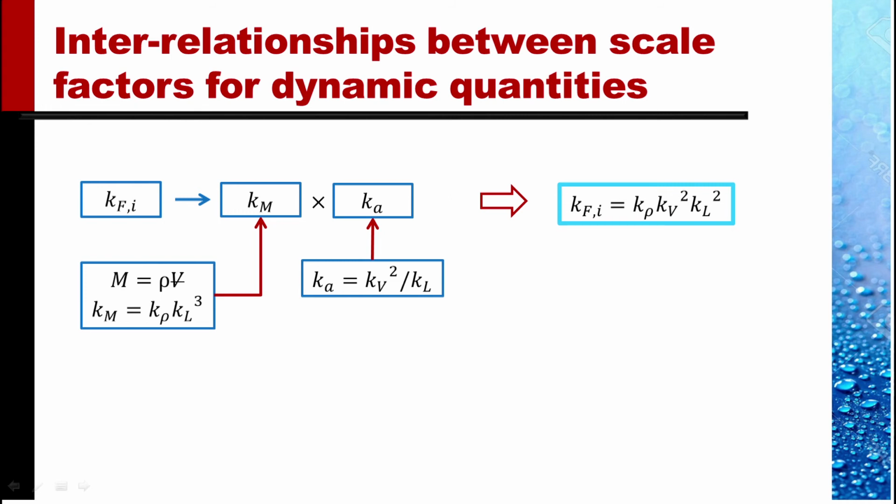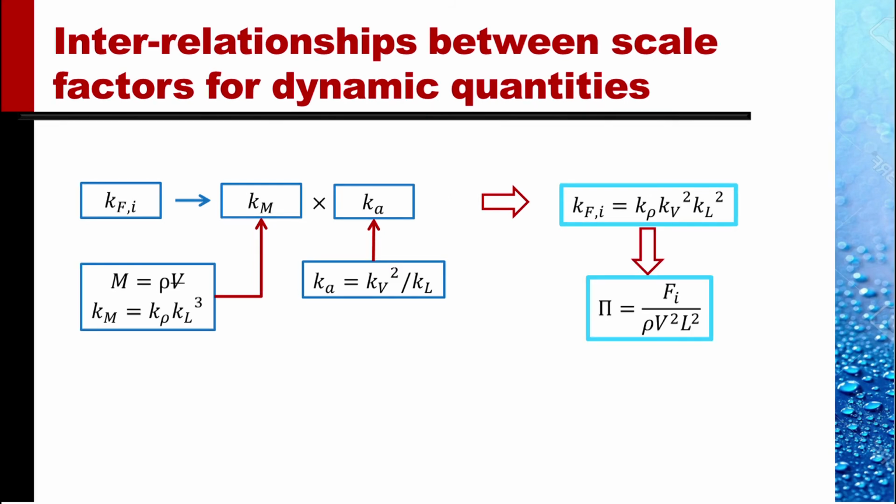And from this, we obtained a pi number. Acceleration A divided by v square L square rho is constant. So pi is equal to force divided by rho v square L square.